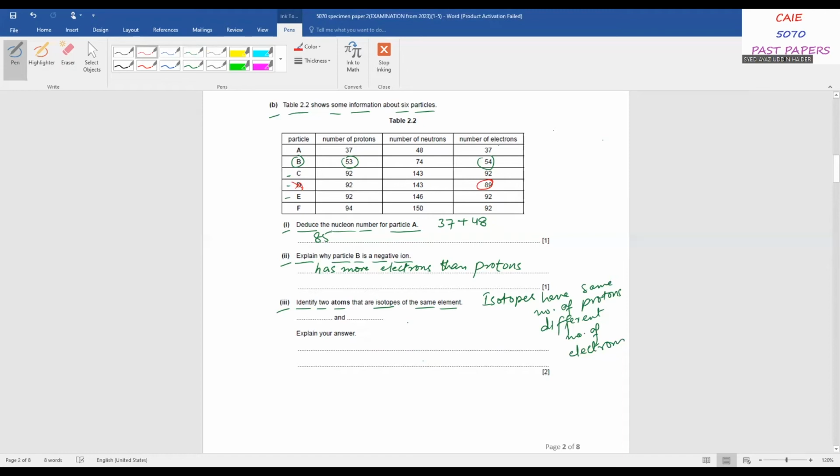If you look at C and E, both have same number of protons but different number of neutrons. The number of electrons are also same. So answer will be C and E, and the explanation will be this: the same number of protons but different number of neutrons.